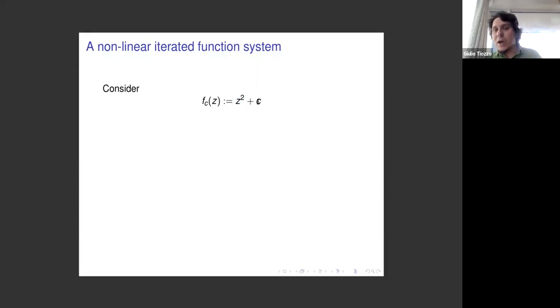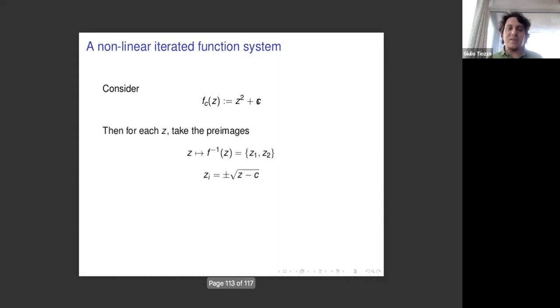And there's a classical way to define Julia sets, but in the spirit of this lecture, I think there's an even easier or more similar one to what we've done for iterated function systems. So you can consider a nonlinear iterated function system, which is the following. You use the complex square root. So you take a point z, and you do z minus c, and you take the square root. And in the complex numbers, every number has 2 square roots, so you consider both of them.